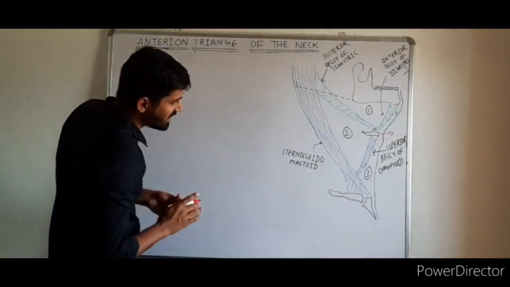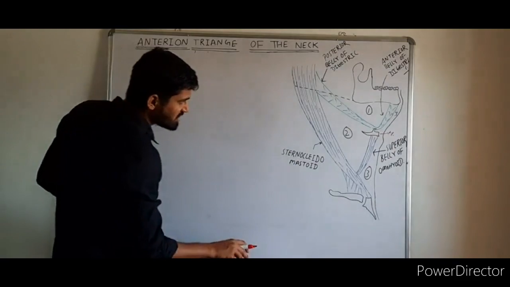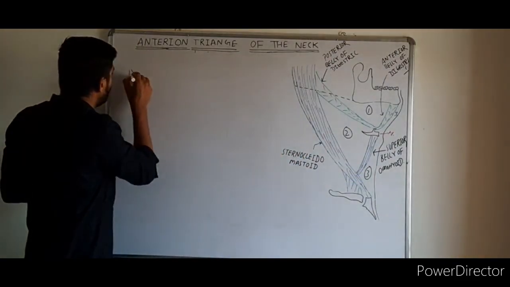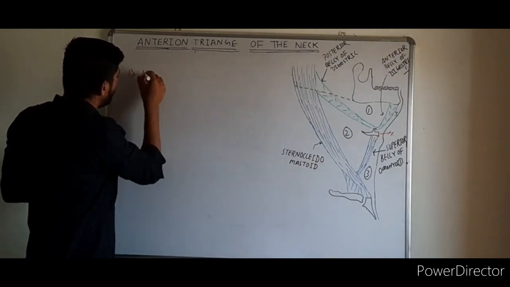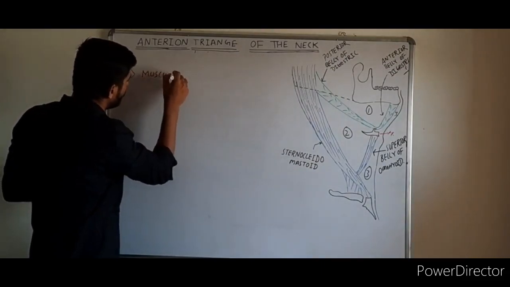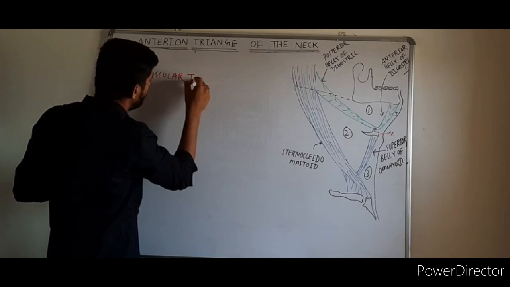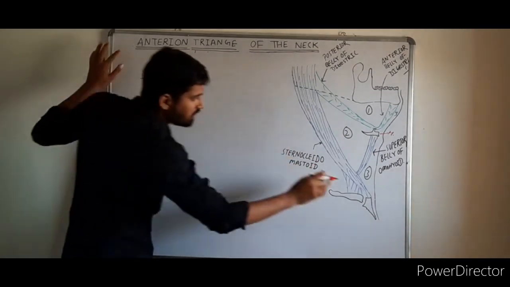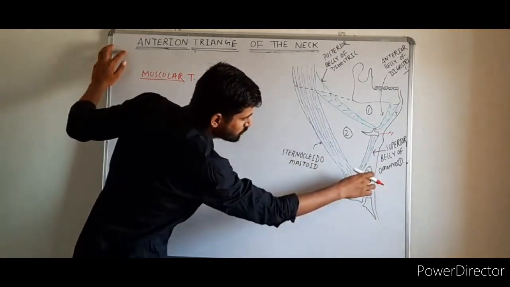So I am explaining the first triangle, the muscular triangle. This third number is the muscular triangle.